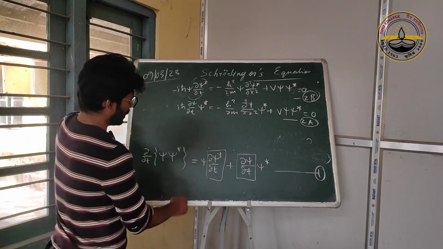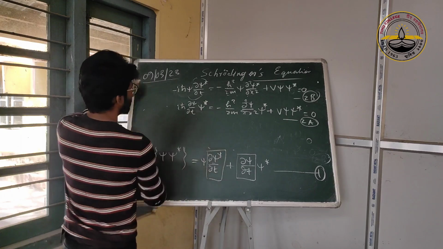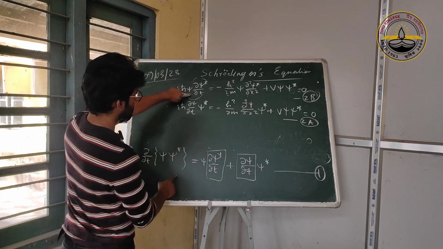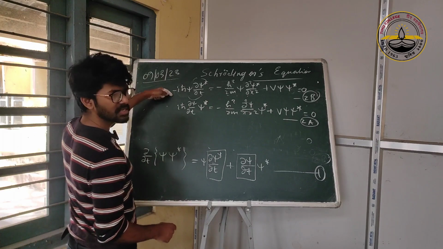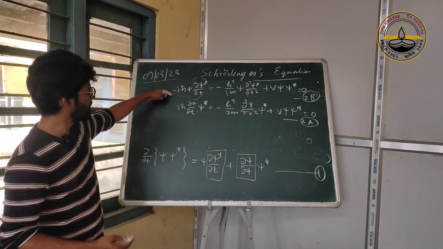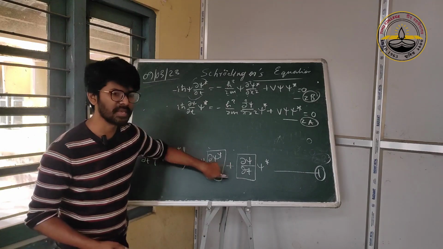Okay, what do we need? We need this plus this. So this is here, this plus this. What do we have to do? We have to take this minus this, right? Then i h cross, minus minus plus, and we can get this thing.